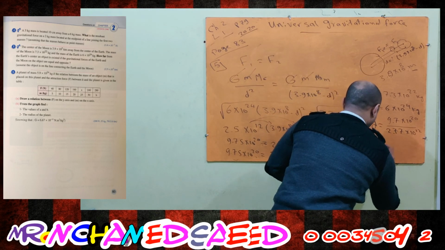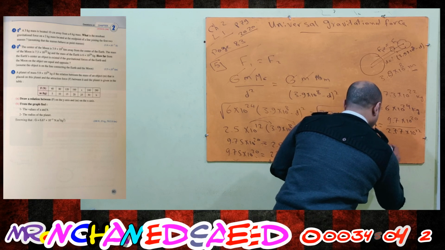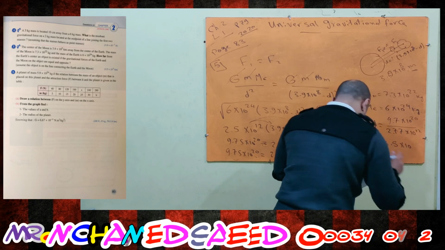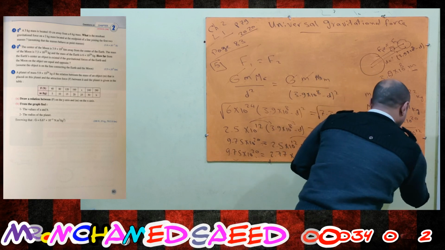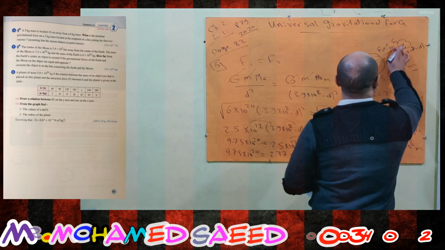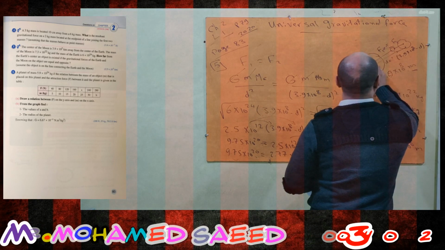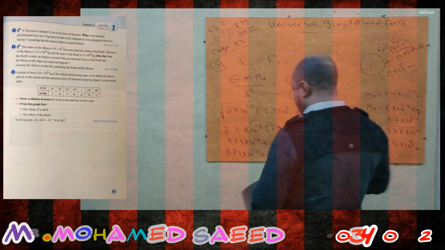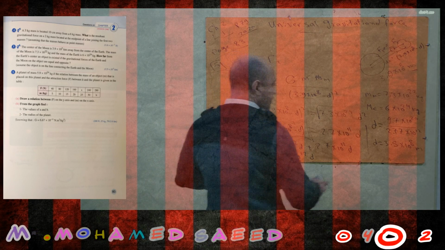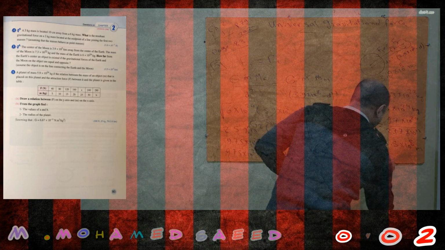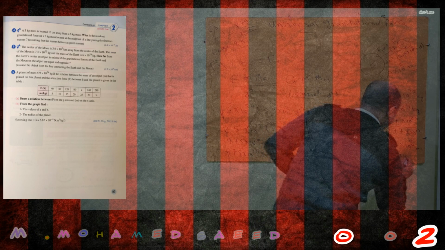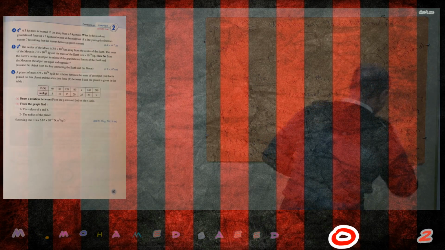D equals 3.5 times 10 to the power 8 meters. So the distance between this body and the center of the Earth equals 3.5 times 10 to the power 8 meters, or we can say 3.5 times 10 to the power 5 kilometers. هي عشان اوريكم في الانسر هتلاقوا الرقم ده مكتوب. Thank you.